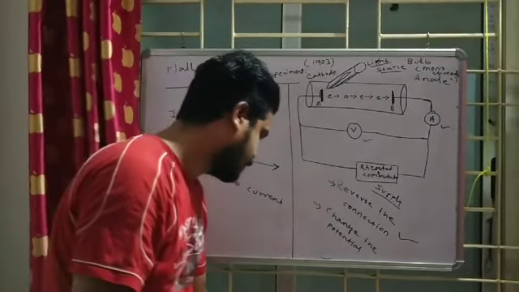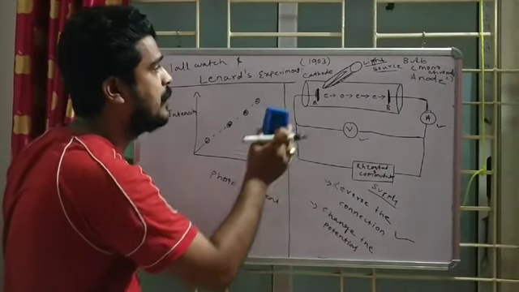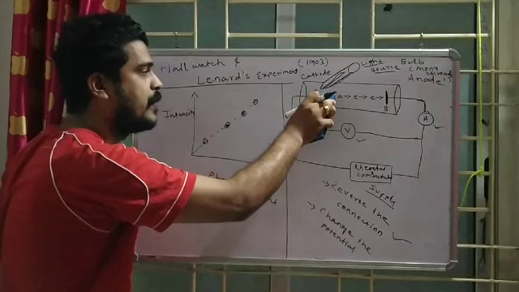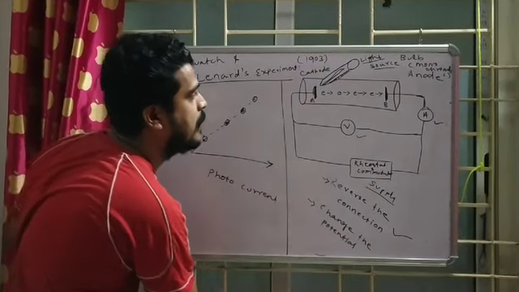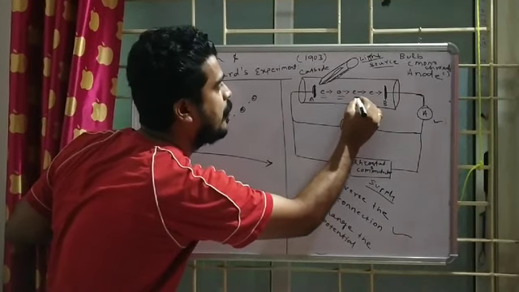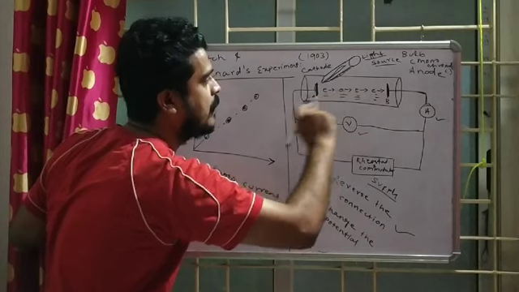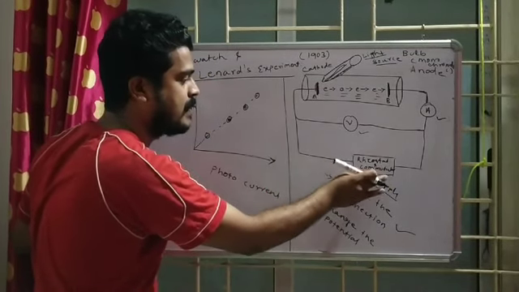Okay. So what happens actually when the light is falling on this metal plate, this is the cathode, then electrons are emitting from the surface and electrons are moving towards this. So your supply is there, right?